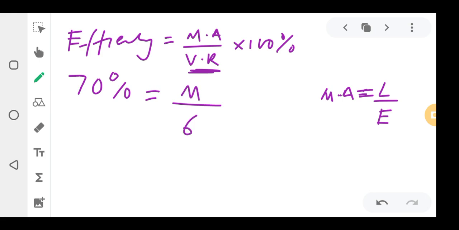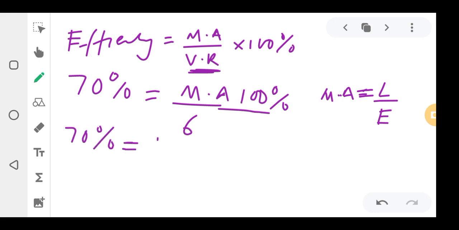So mechanical advantage times 100%. What do we have? We have 70% is equal to 100% of mechanical advantage divided by 6. Okay, I think we have all done mathematics.